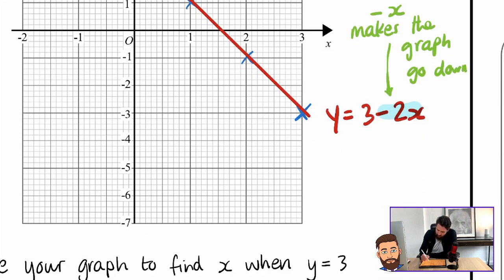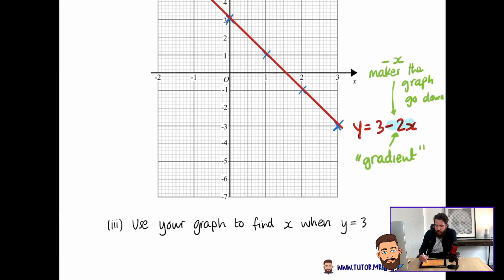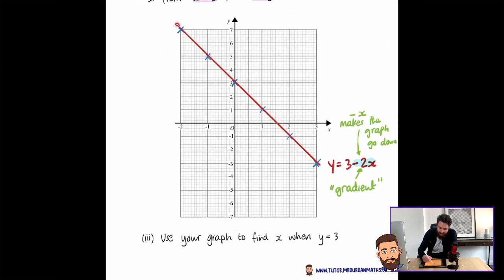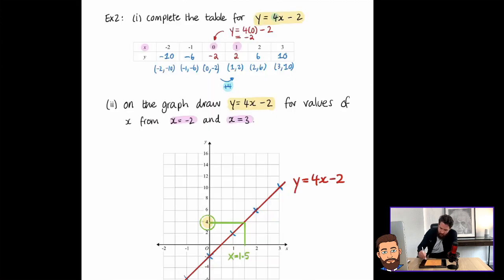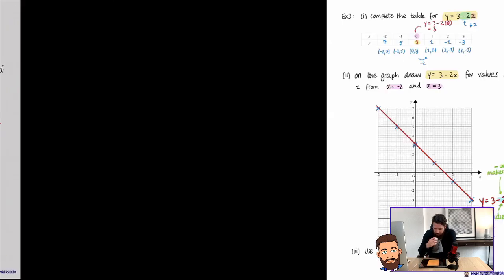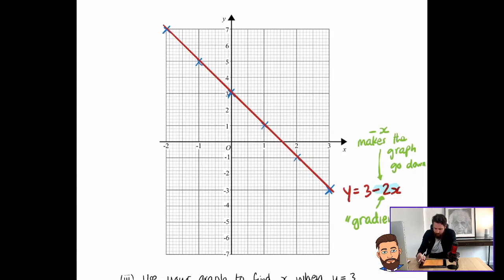A word that we're going to be looking at in lessons to come is gradient. The gradient of a line affects whether it goes down or up. A negative gradient makes the line go down, and if it's positive in front of the x, a positive gradient makes the line go up. But we're going to look at that in much more detail in lessons to come.